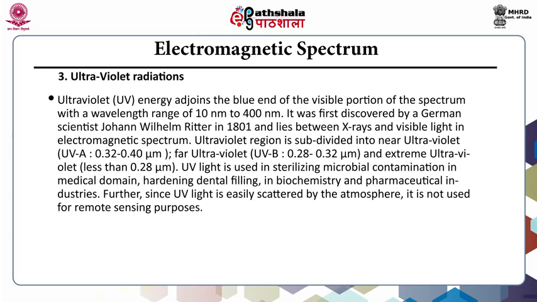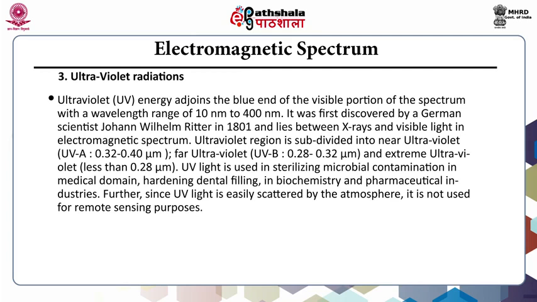The ultraviolet region is subdivided into near ultraviolet, that is UVA, which is 0.32 to 0.40 micrometer; UVB, 0.28 to 0.32 micrometer; and extreme ultraviolet, less than 0.28 micrometer.